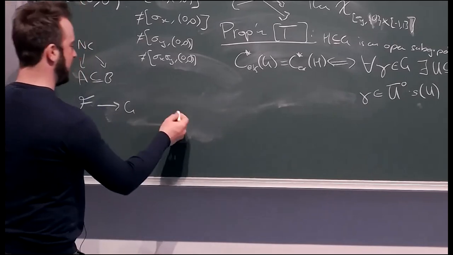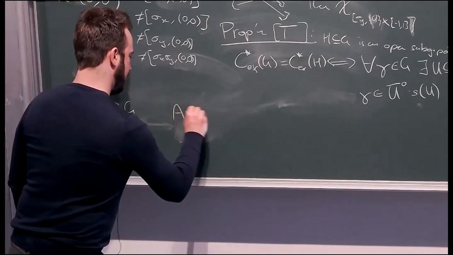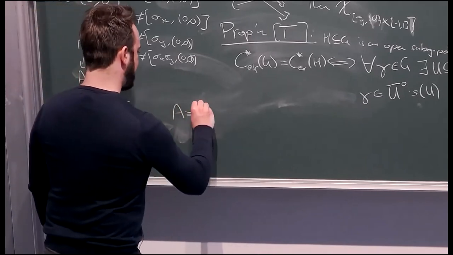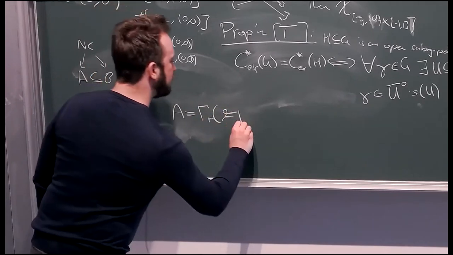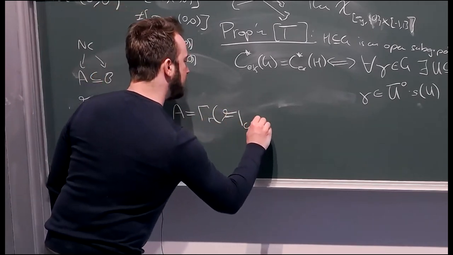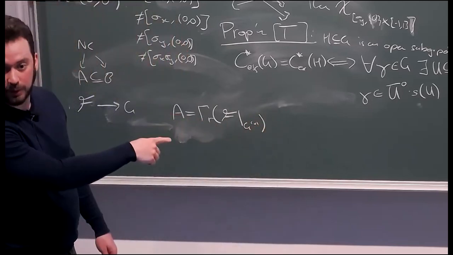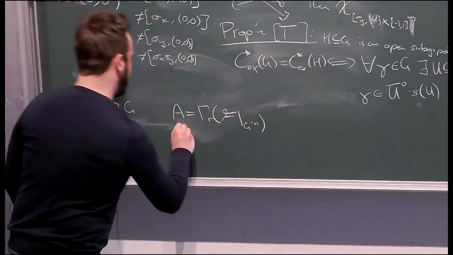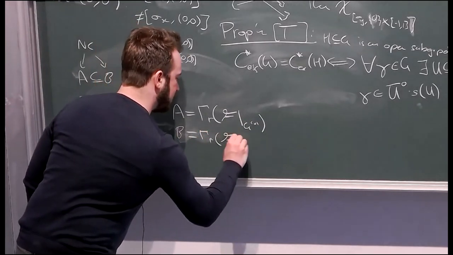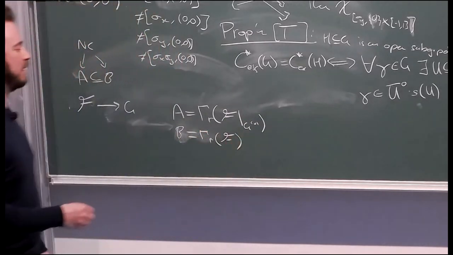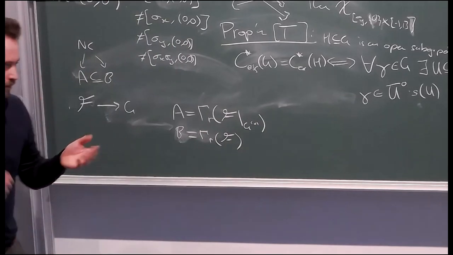And what you might get is that A is the sections of this bundle, or the reduced sections of this bundle, restricted to the unit space, where this is just a bundle of C-star algebras now. And then B will be the full sections of the whole bundle.